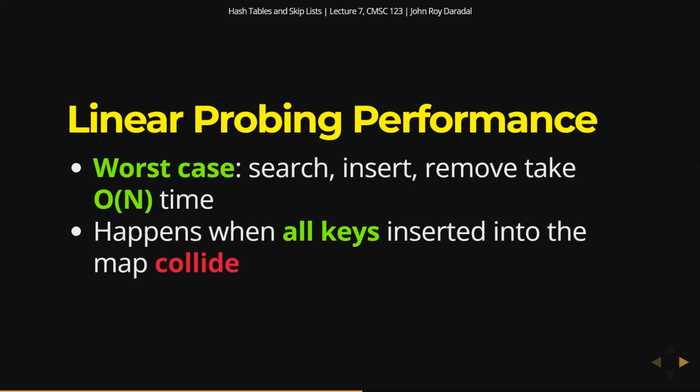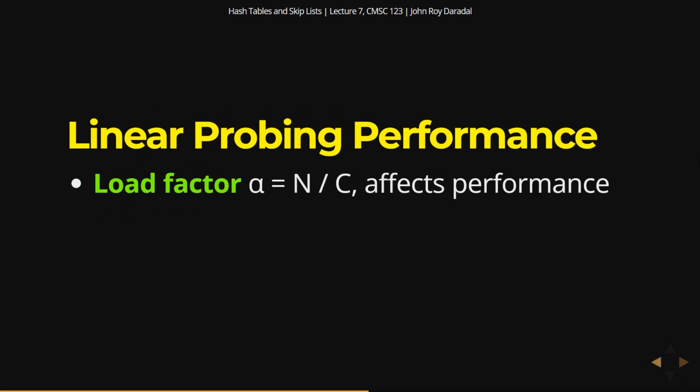So at the worst case, it will take O of n because you will have to pass over a lot of items first before going to your intended key, right? So yeah, that's the worst case. But in reality, the performance of the linear probing hash table is dependent on the load factor.